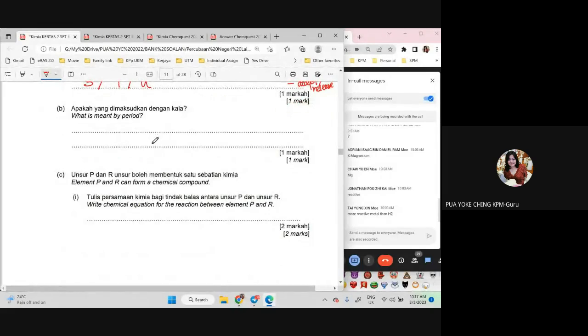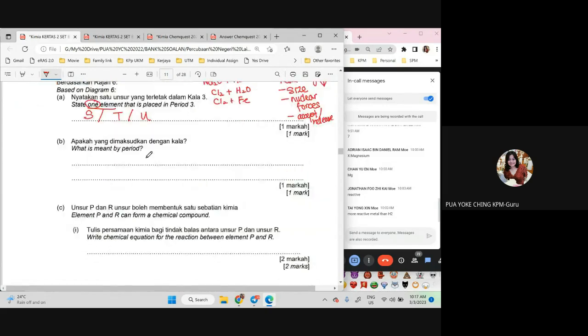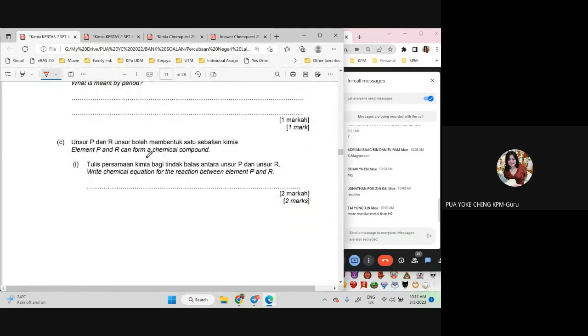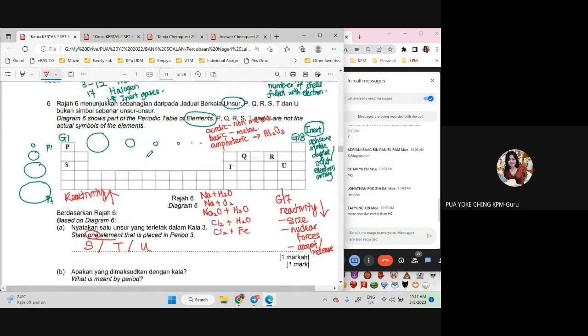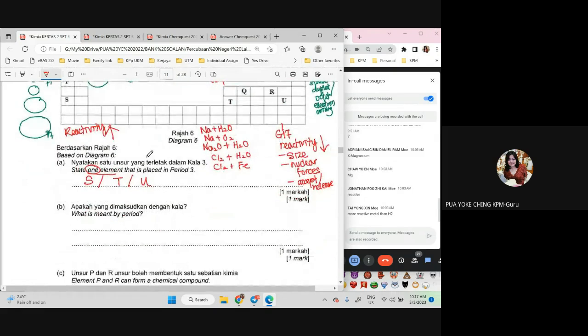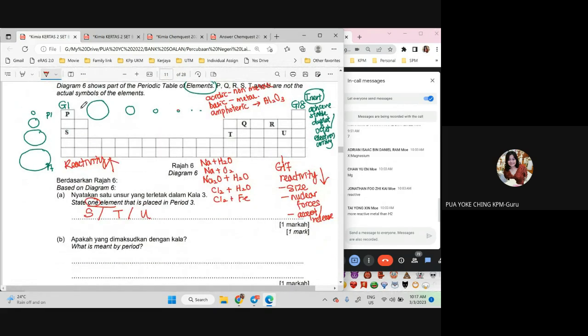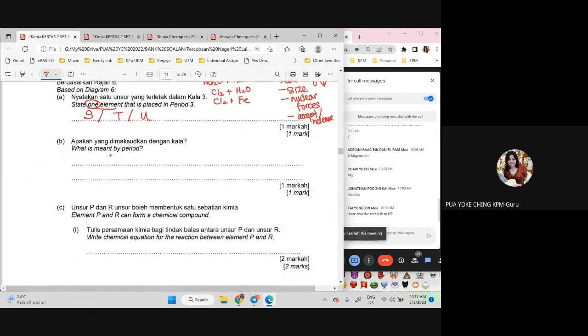Set ini, chapter 4 dia tak banyak. Dia terus combine dengan compound. Bab 5, chemical bonds. Unsur P dan R boleh membentuk satu sebatian kimia. So you check your P. P is group 1 but P is what? P is the first one. So you must remember P is actually your hydrogen.